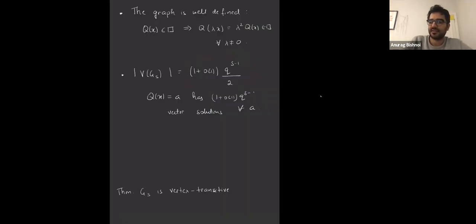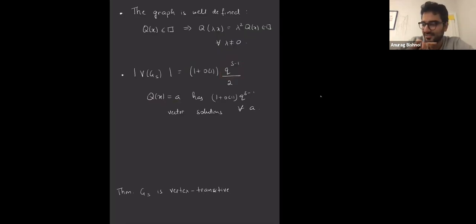Fix any a and you solve this equation, you'll get roughly the same number of solutions. Hence, if you are fixing half of the a's, you get half the solutions, and then you divide by q minus 1, because we are looking at projective points. So that's a hand wavy argument.